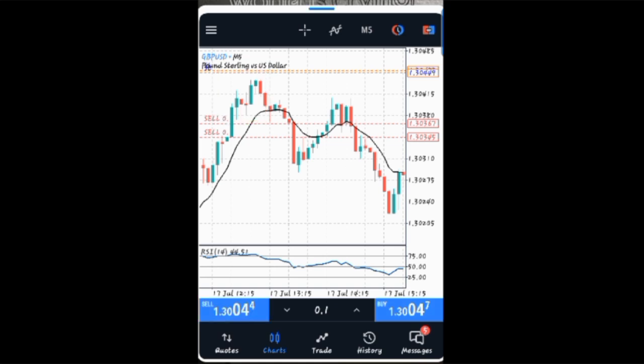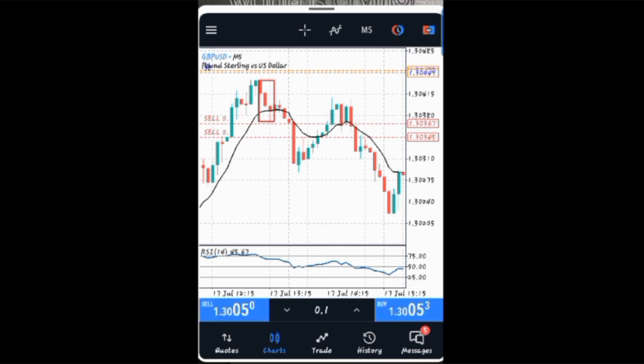But when these 3 red candles came up, in most candlestick patterns, you will see this to be 3 soldiers. They call it 3 soldiers. When I see these 3 bearish candles coming up and they go below the moving average, I know that this is going to be a reversal. But I did not make my entry then.